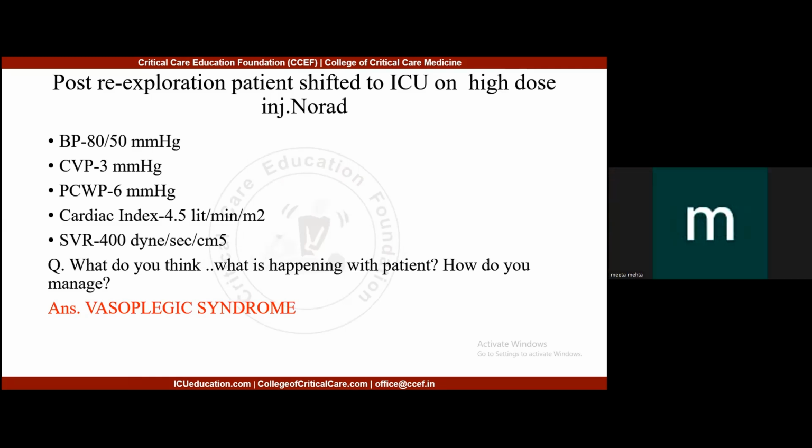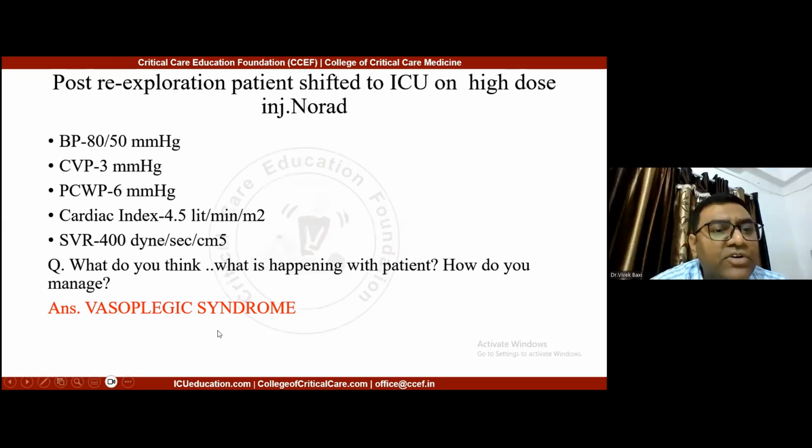Rather than comment, I would ask: suppose this is a vasoplegic syndrome, and the patient is already on high noradrenaline. How would you proceed now? Please comment in the chat box.